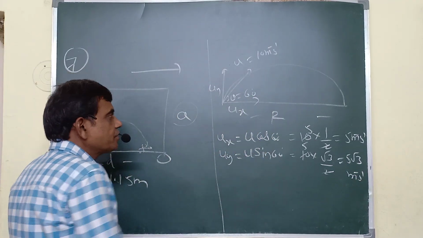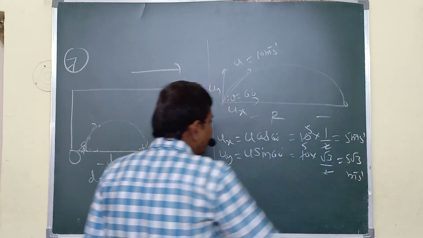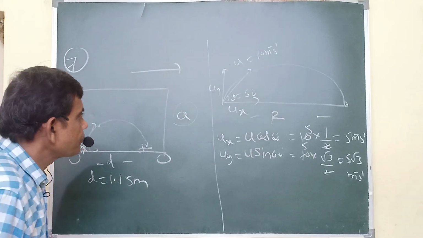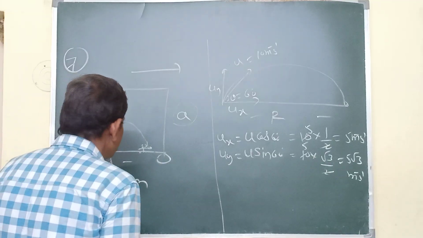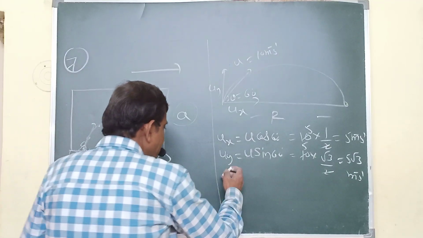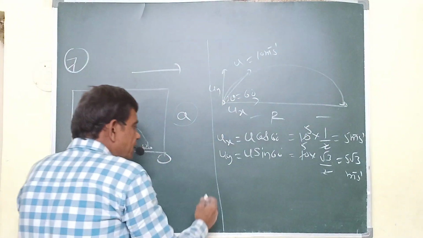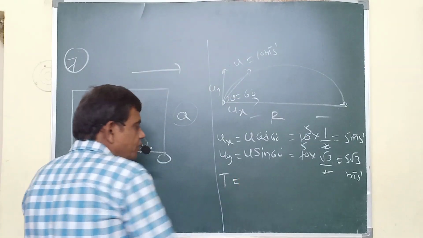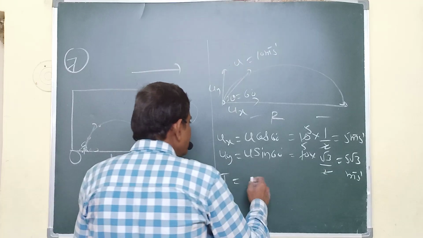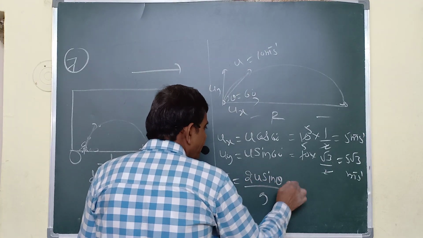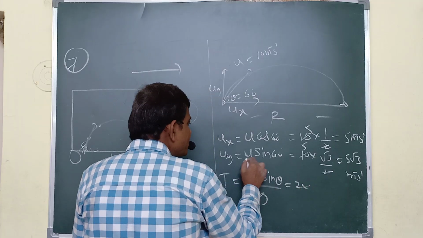So the ball goes from here to here. What do we write for the time of flight? 2u sin theta by g. For the ball to go from here to here, how much time does it take? That is the time of flight, 2u sin theta by g, where u sin theta is the y component.